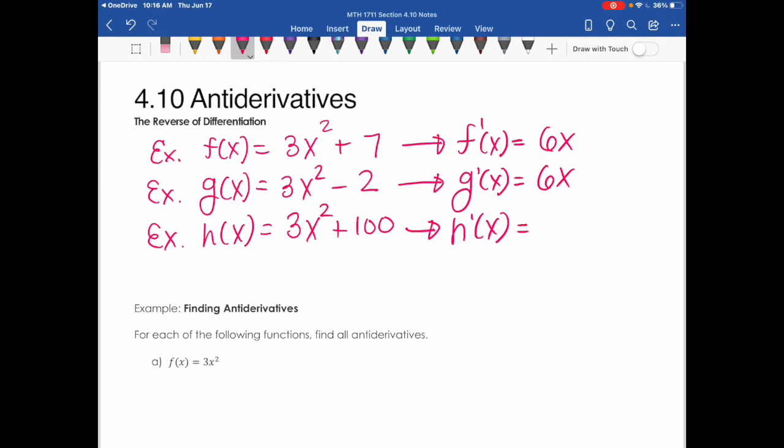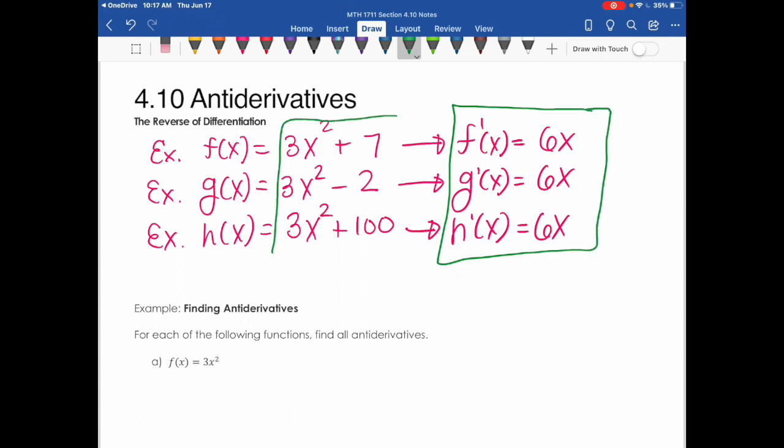And for our last example, when I take the derivative of h, for the first term, I'm going to get 6x, and when I take the derivative of 100, I get 0.